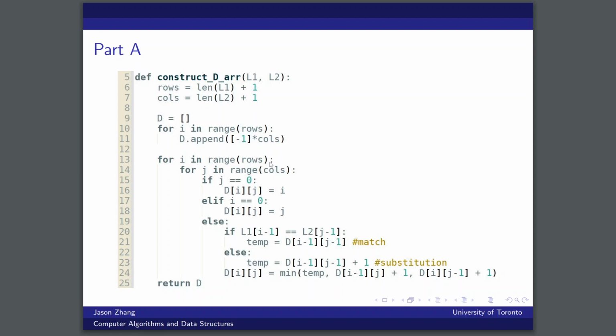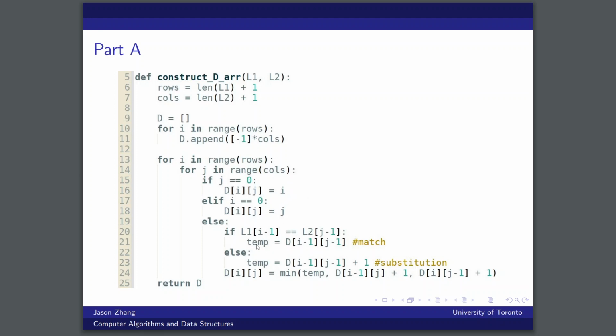And when j is equal to 0, so that would be the leftmost column, we set it equal to i. The reason for this is because, as the hint said, we are either performing insertions or deletions to get to the empty list, or to start from the empty list and get to L2, which is why we can use this as our base case.